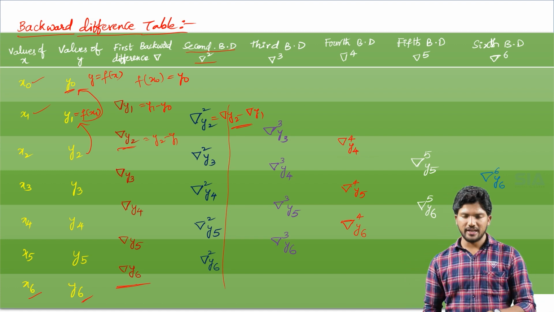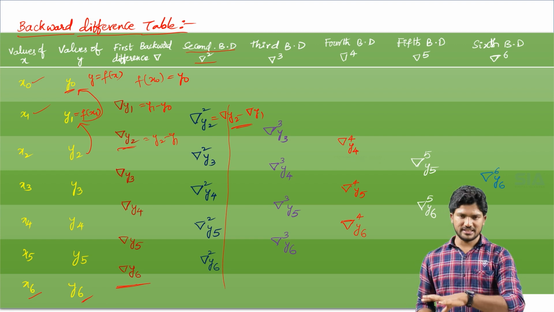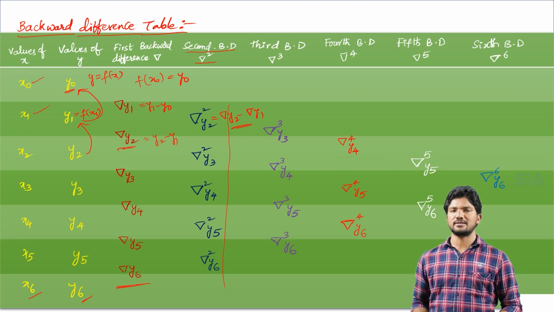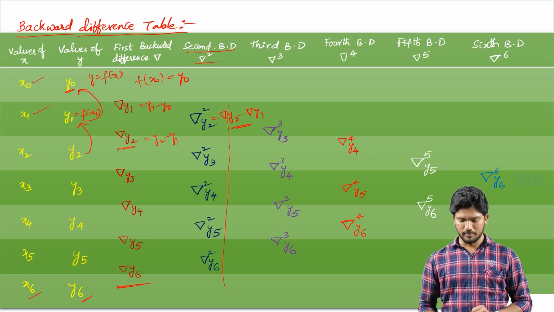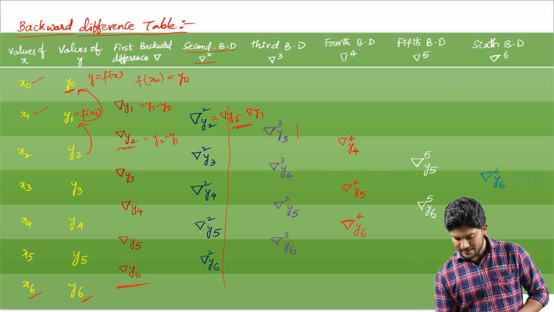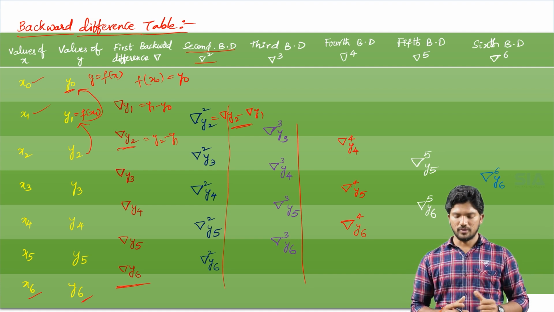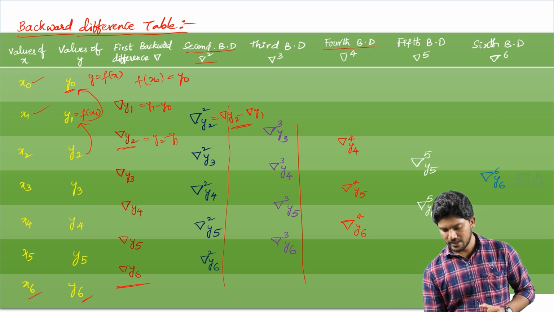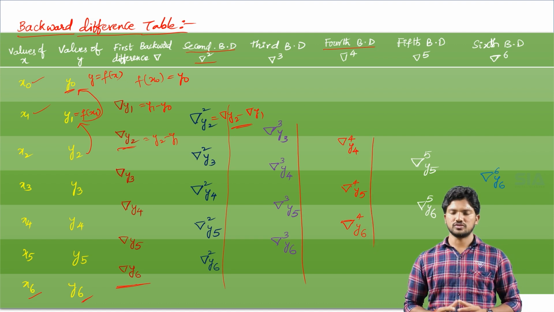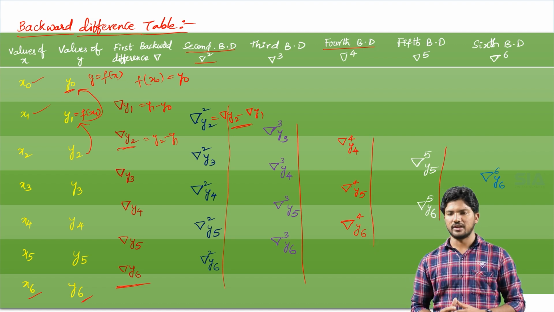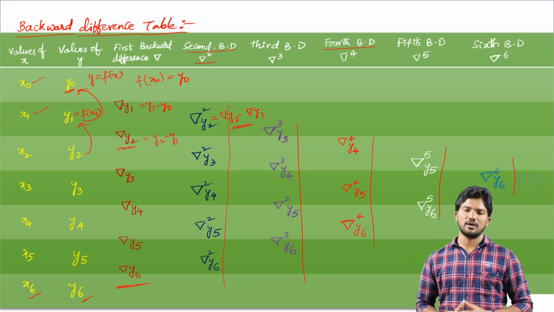While solving problems based on this method, each and every value will exist in number format. In the general process we are denoting with symbolic expressions, but in problems we can write numbers in them. This column represents the third backward difference operator, here you can see the fourth backward difference operator, this one is the fifth, and the last one is the sixth backward difference operator.